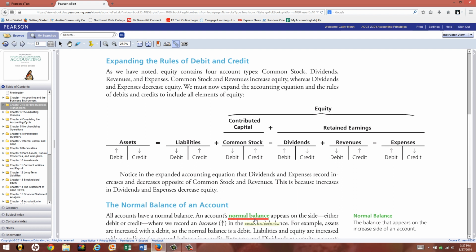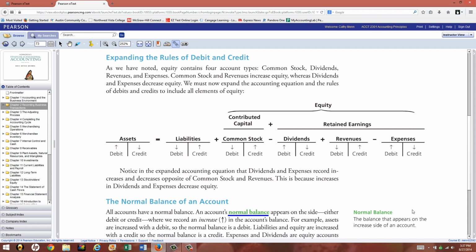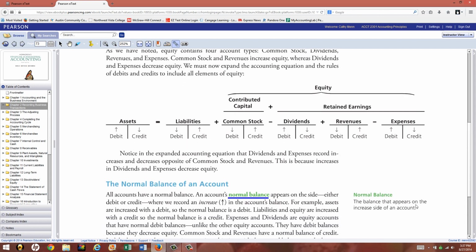Notice right here, here's the definition of normal balance. This normal balance is the side in these classifications that increases. So the normal balance for a liability account would be credit. If you have gone out and charged a purchase at Office Max, you bought some more supplies, that means that you have increased your liability.